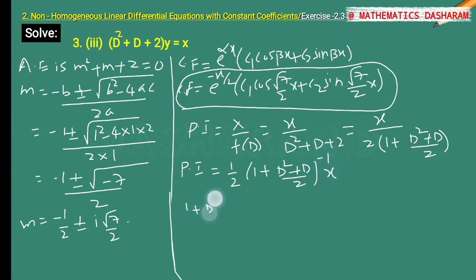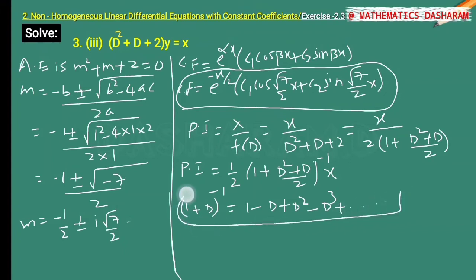Here we have to apply 1 plus D whole power minus 1, that is 1 minus D plus D square minus D cube plus dash. So here at the place of D we have D square plus D by 2.